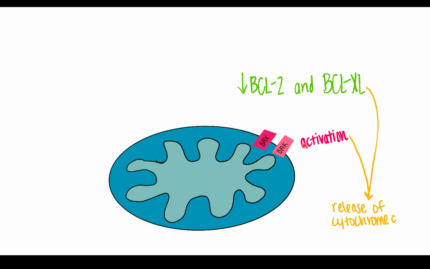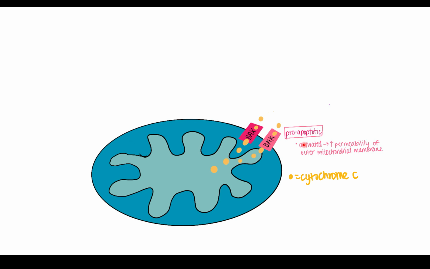When the cytochrome C is released, it's going to come out through the BAX and the BAK, because these have now made that outer membrane permeable, right? So the cytochrome C leaves through the membrane because of the activity of these pro-apoptotic proteins, BAX and BAK.